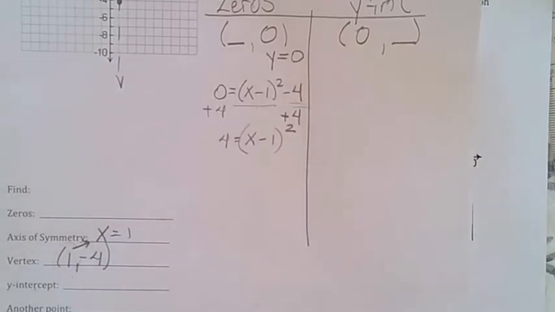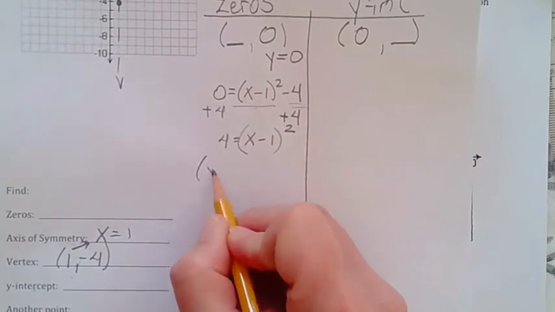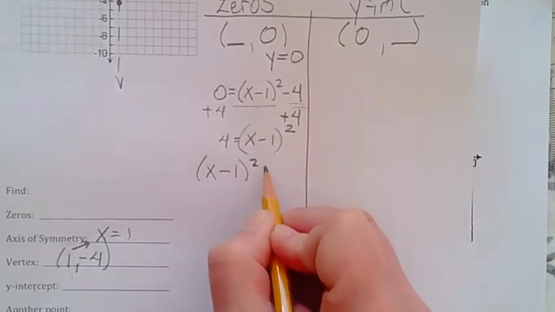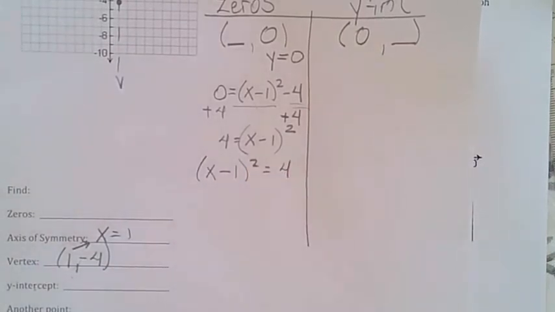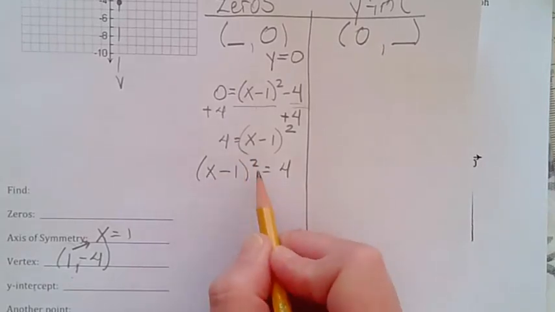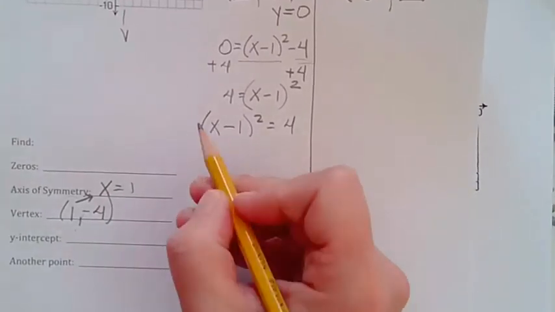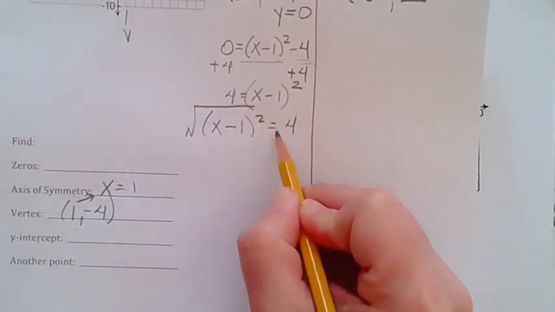It would probably look better to most of us if we flipped this, so I'm going to do that. Now here I have something squared equal to 4. It happens to be a perfect square, so this will work out nicely. Take the square root of both sides.